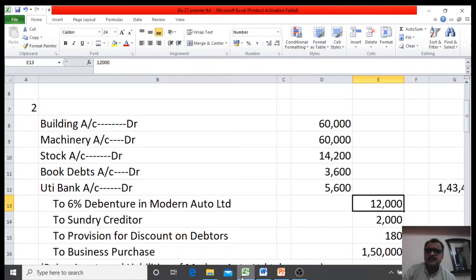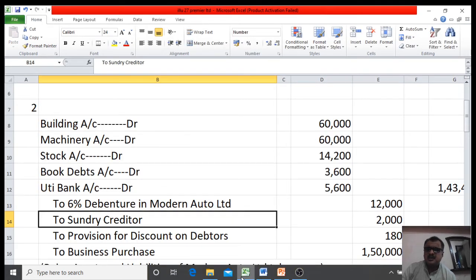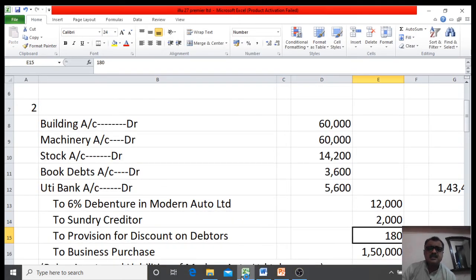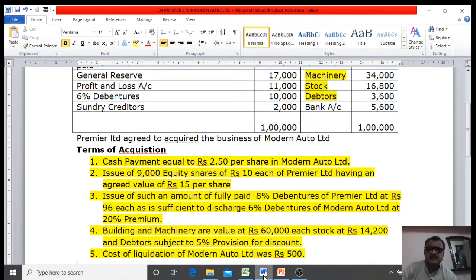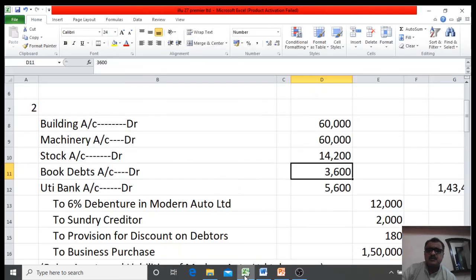Creditors will be taken at the book value, so creditors 2,000. Then provision for discount on debtors, we have to calculate the 5% provision for discount on the book debts, which comes to 180, and then to business purchase 1,50,000.